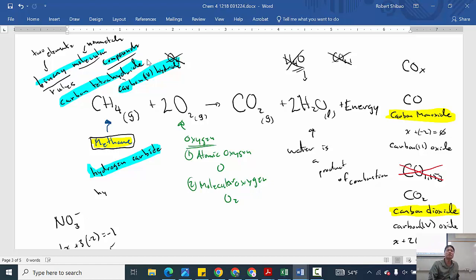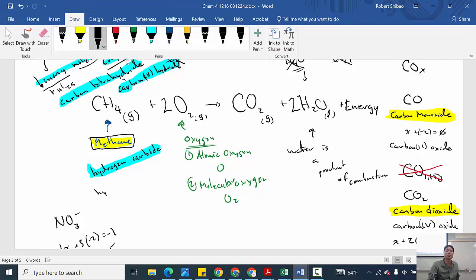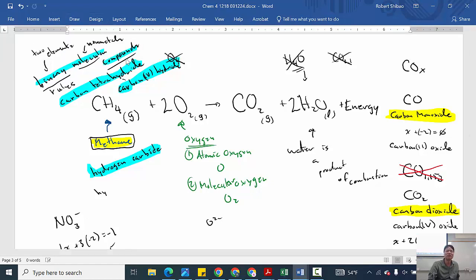By the context of how they phrase it, you can get an idea, but sometimes you just don't know. How about oxide? If somebody said oxygen, would you think oxide? No, because we don't call O2 minus oxygen, we call it oxide. And so this wouldn't work here.